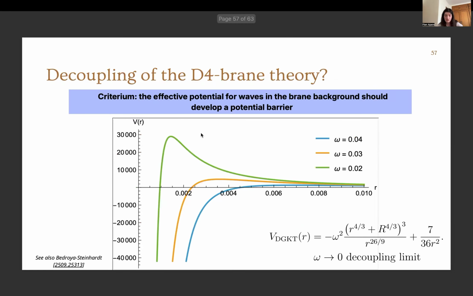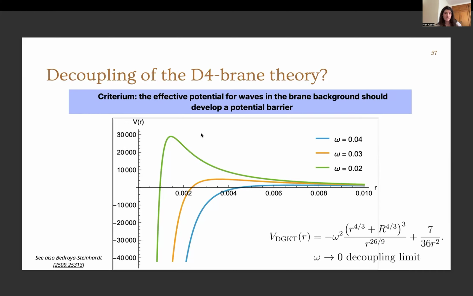One simple way of doing this, also how it was historically done, for example, for the D3-branes, is to look at the motion of scalar waves or gravitational waves in this background. And we can write down a kind of effective potential for these waves in this background. And then we find that there's a potential barrier for these waves. And this barrier grows infinitely high in the low energy limit of these branes.